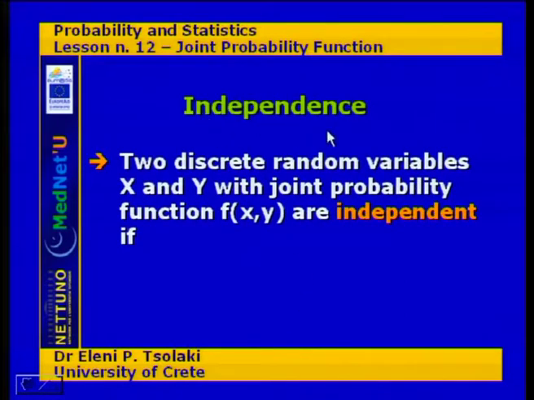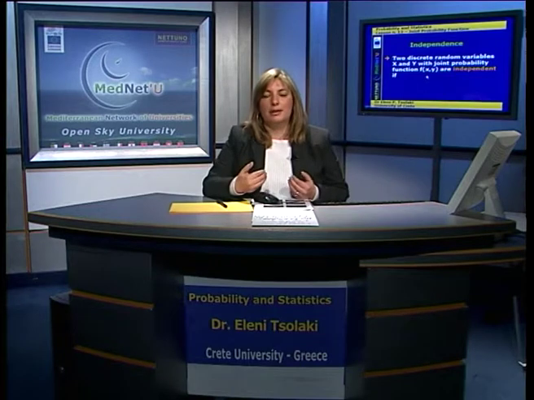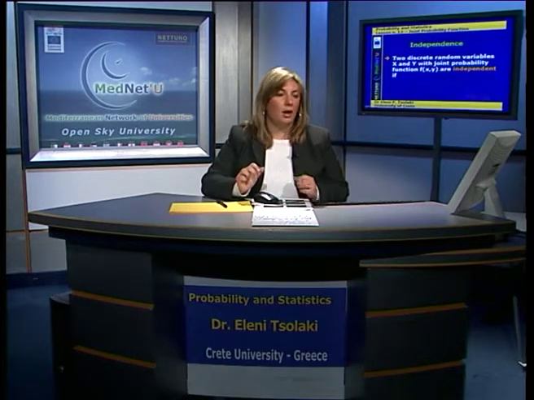Now we have the independence of two discrete random variables. We have talked about independence of events and we have seen what it means. Now we are going to see when two random variables are independent.